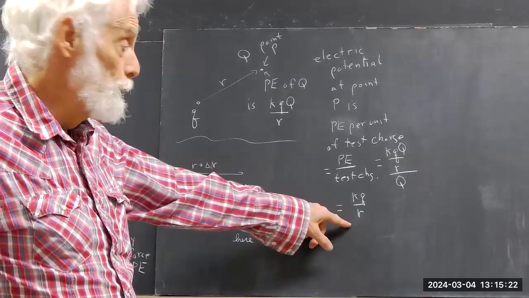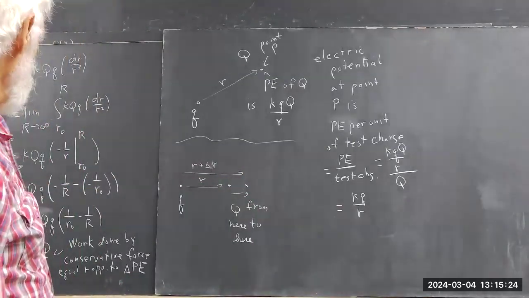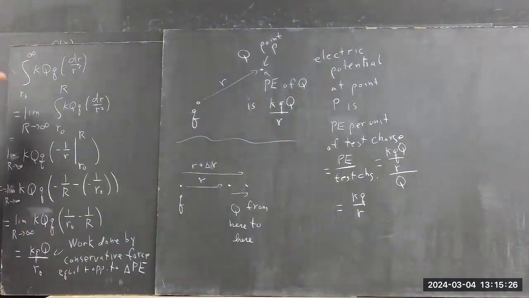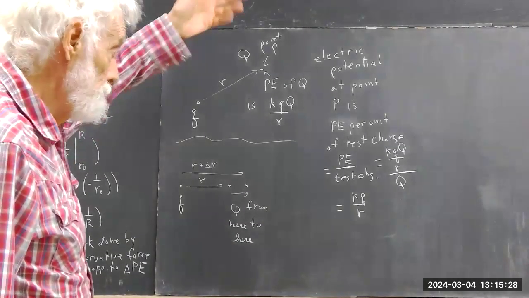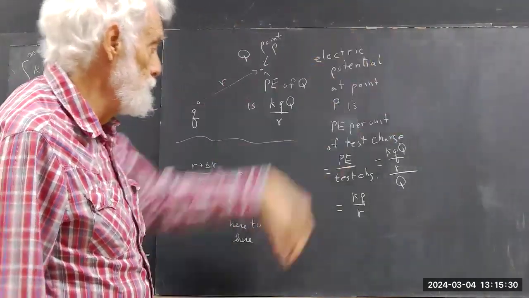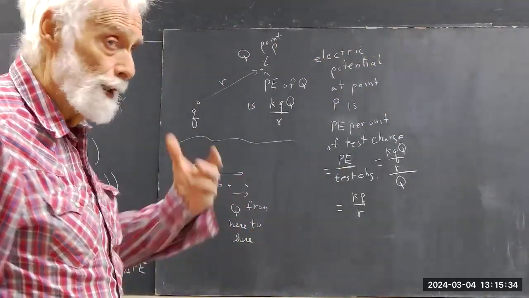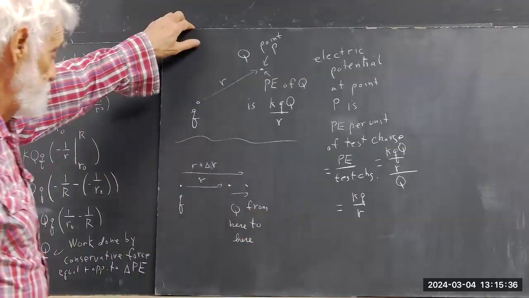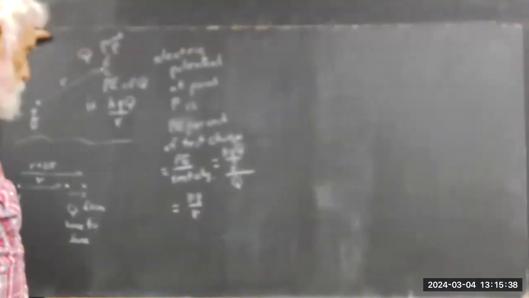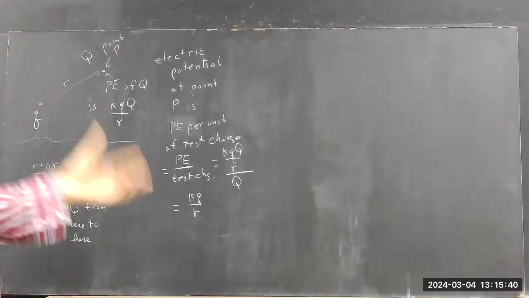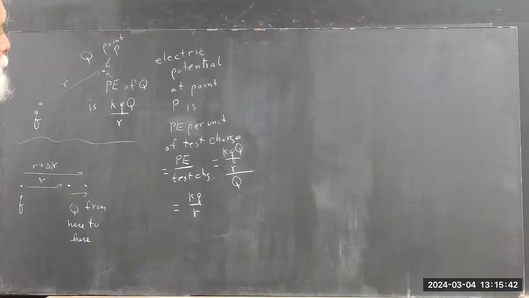You want to memorize why this looks so much like K Q over R squared. Where does that all go together? It's not simple. Exceptionally important. Okay, well, this is what it comes down to.